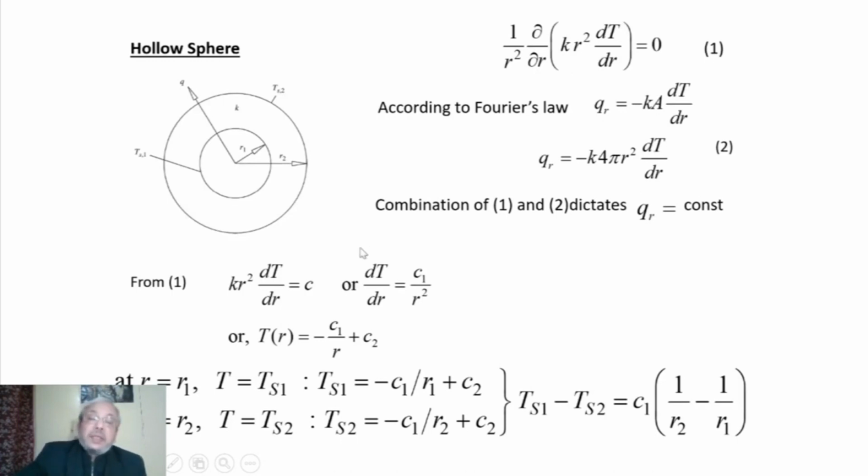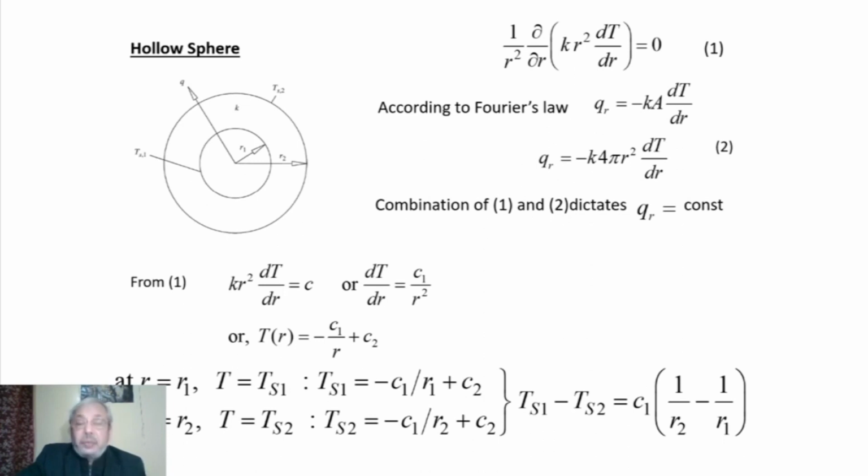Now let us consider a hollow sphere. We have already done the hollow cylinder. For the hollow sphere, at R equal to R1 the temperature is Ts1, and at R equal to R2 the temperature is Ts2. This is also radial geometry, but spherical polar, not cylindrical polar.